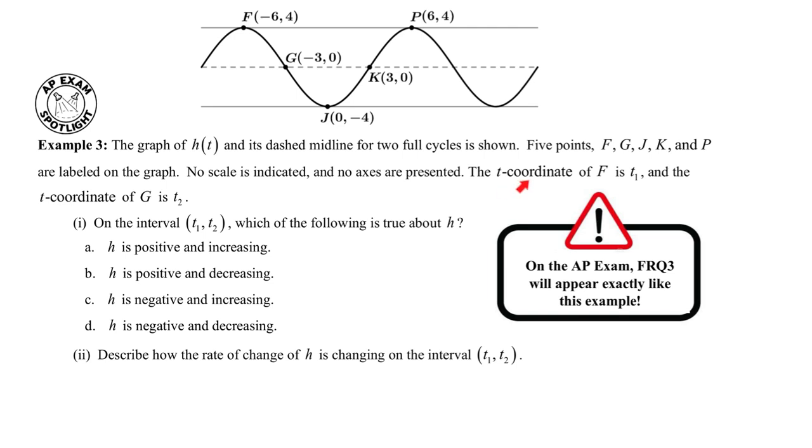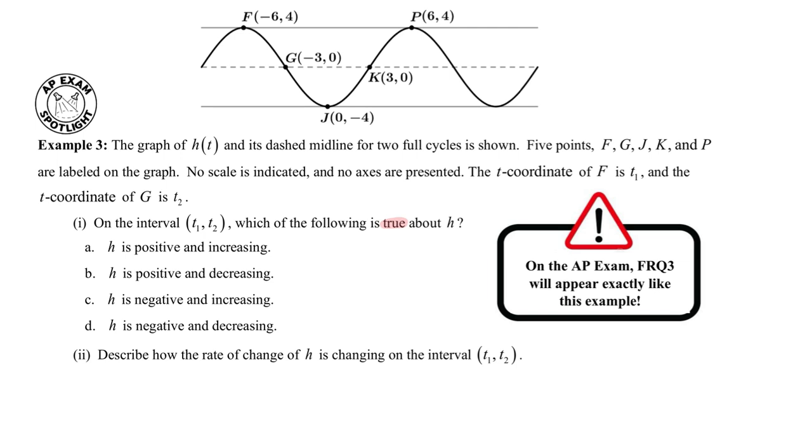We have two coordinates that we want to talk about. We want to talk about coordinate f and coordinate g. So t sub 1 and t sub 2, those are your inputs. So that's your -6, and your -3. It's asking on the interval between that -6 and -3, which of the following is true? Uh-oh, we got to be careful because it could be false sometimes.